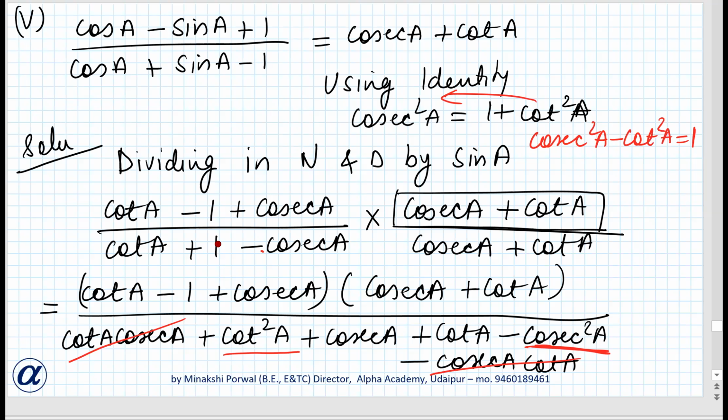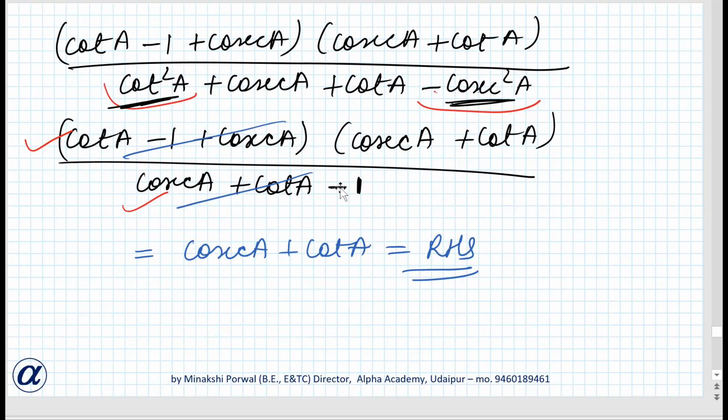So when we will multiply, first and last term will get cancelled. Cot square a minus cosec square a, this can be written as minus 1. Okay, and this first term in numerator and the one term in denominator will get cancelled and we'll get RHS.